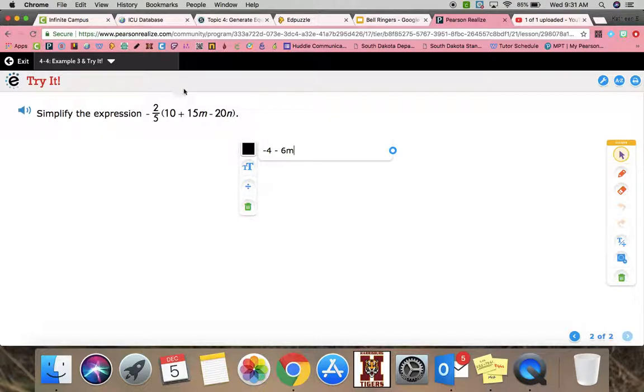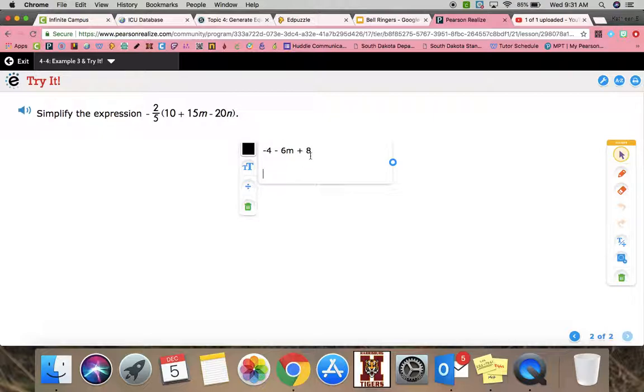And then I have a negative times a negative, so I know it's going to be positive. 20 over 1 times 2 over 5 is 40 over 5, and 40 divided by 5 is 8, so plus 8. Okay, then I have a constant here and a constant here, so I have to put them together, so that's not my final answer.